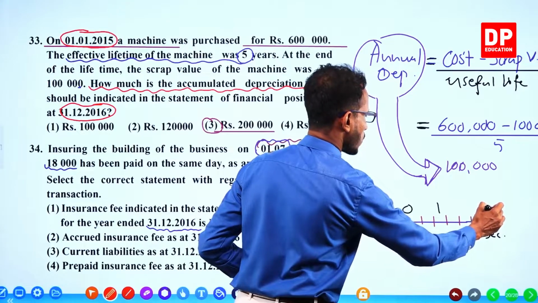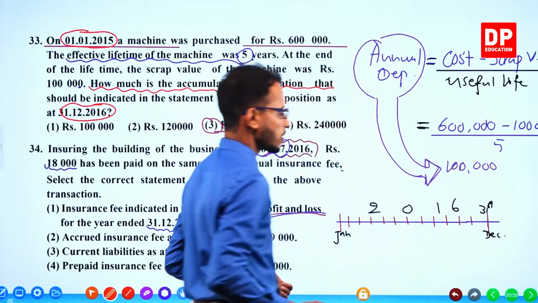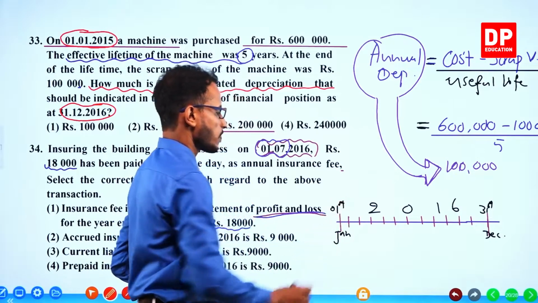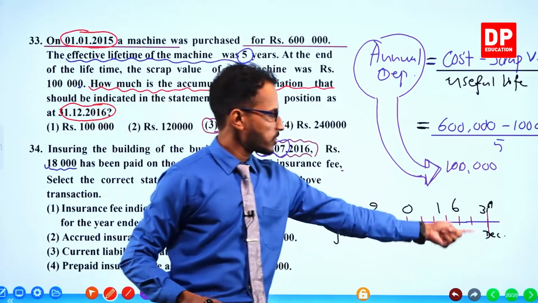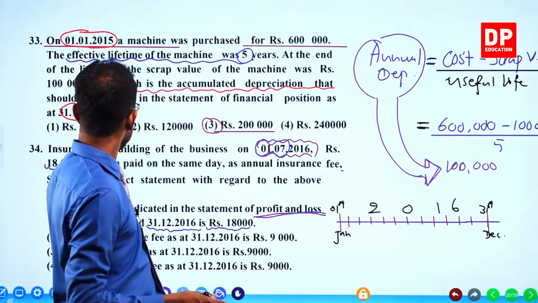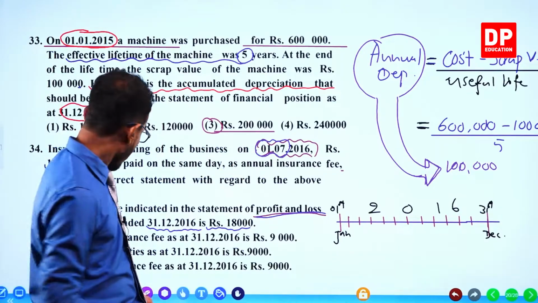1st of January, 31st of December. But the insurance has been paid on insuring the building of the business on 1st of July.